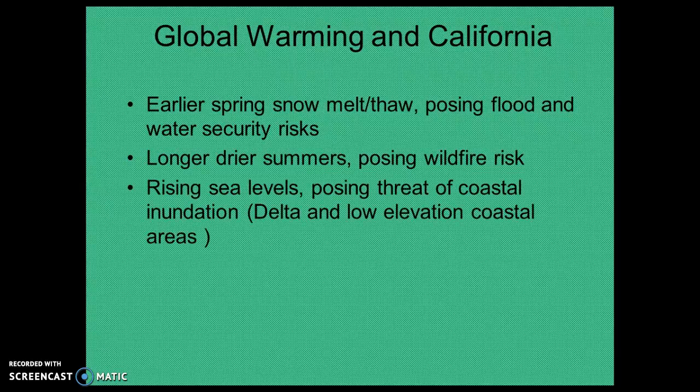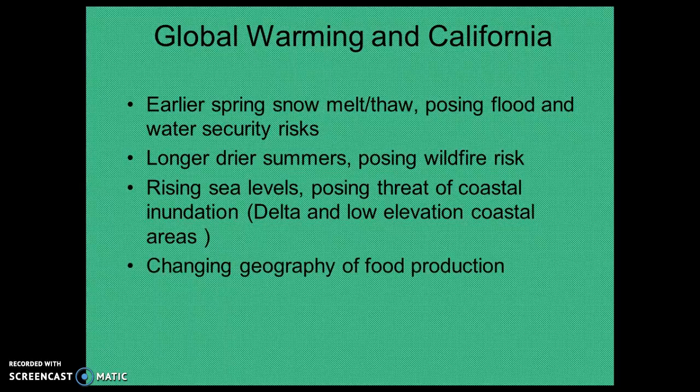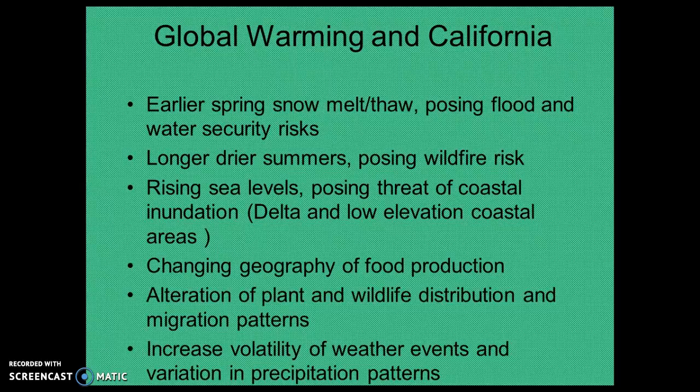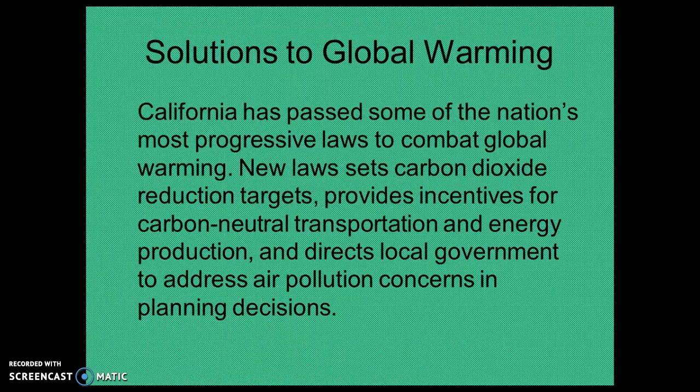These are sort of in sequence of their importance, or at least in terms of what we're seeing now. Rising sea levels in the future could be a real problem for California. But some of the broad-ranging impacts, and again, these are starting to emerge, especially the earlier snowpack. So California's leading role in addressing climate change.